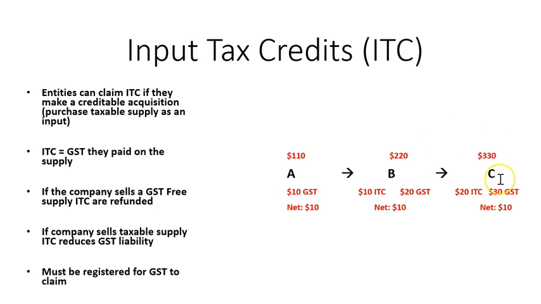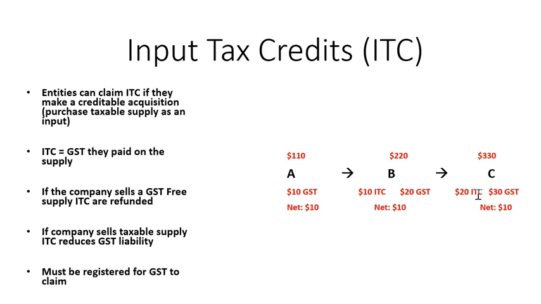Okay, so company C then uses that input they bought from company B, and they're going to sell it to the end consumer. Company C goes, right, we want to sell this good for $300, but we need to add 10% GST. That's going to bring the total price to $330. So when they sell it, they're going to collect $30 GST.